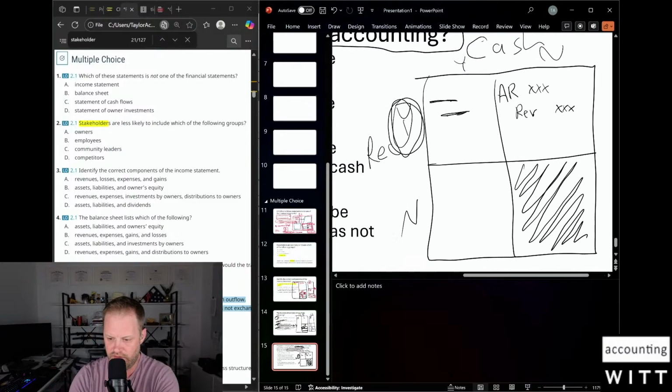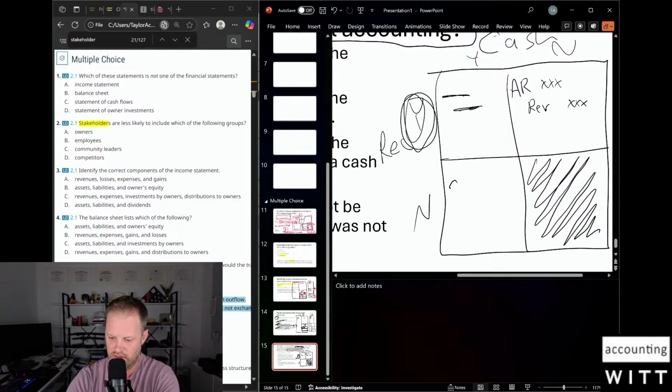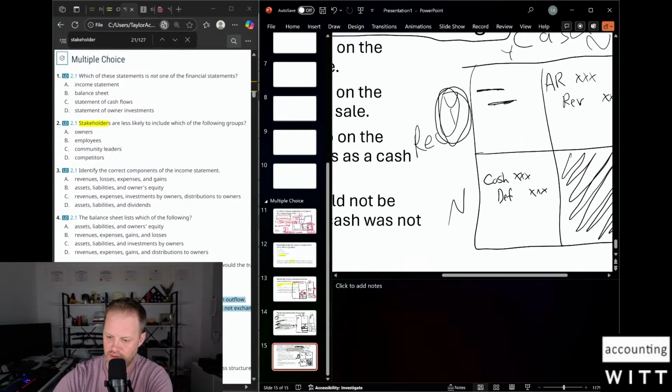If you have cash, yes, cash, and then let's just say some deferral account.